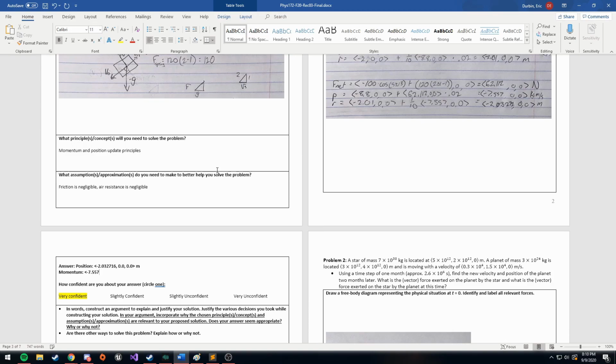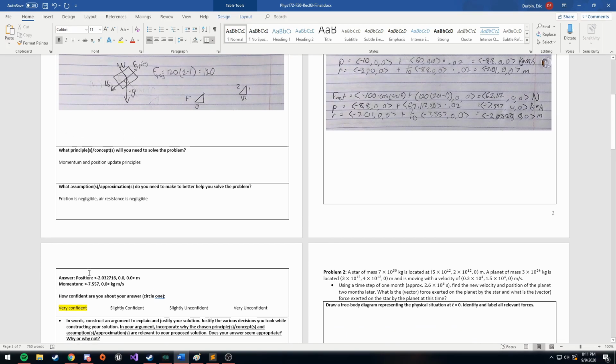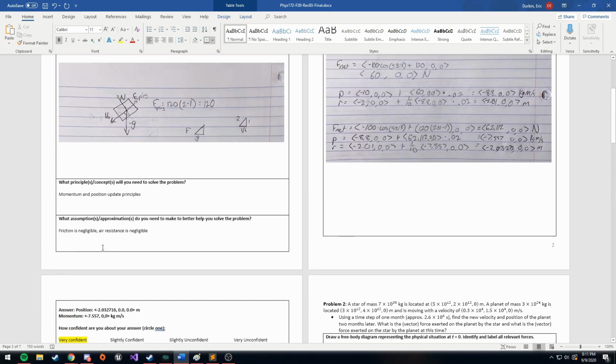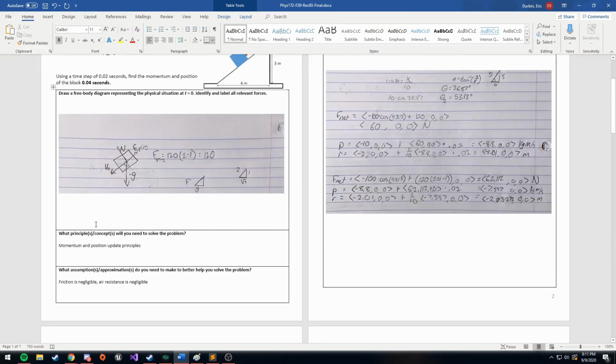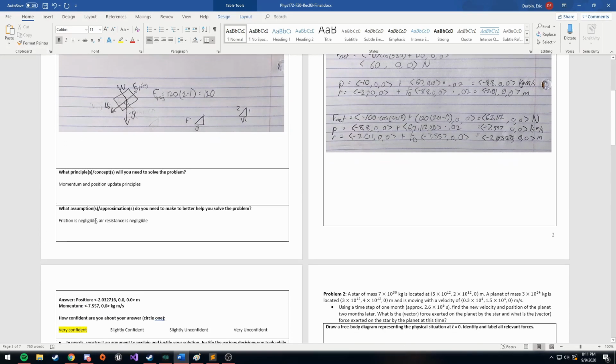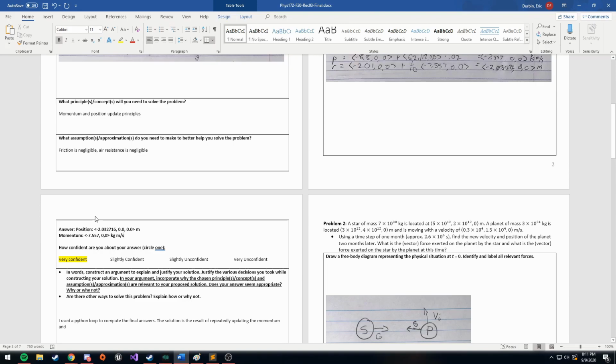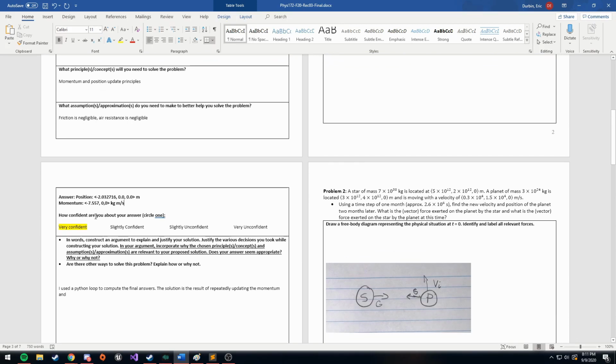And just to confirm, for the final momentum, we're doing minus 7.557? I got 7.558, the same thing. I got negative 7.56. Okay, same thing.